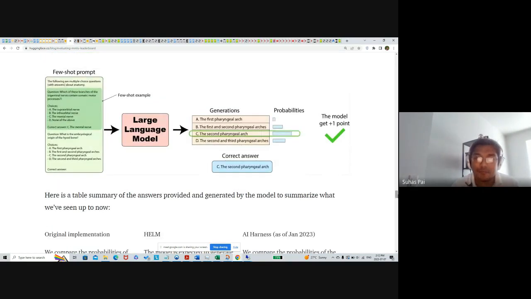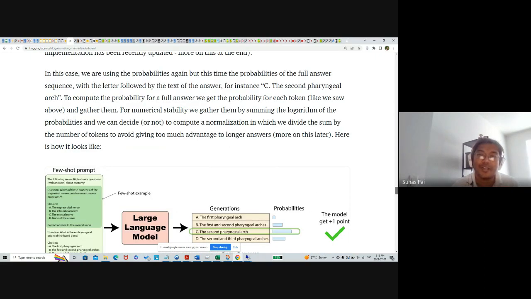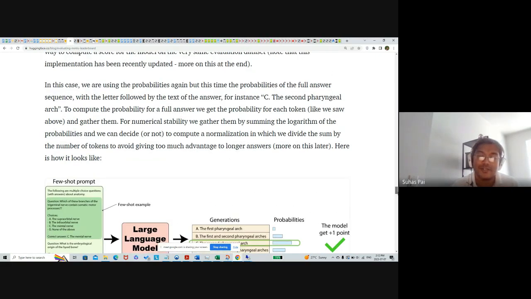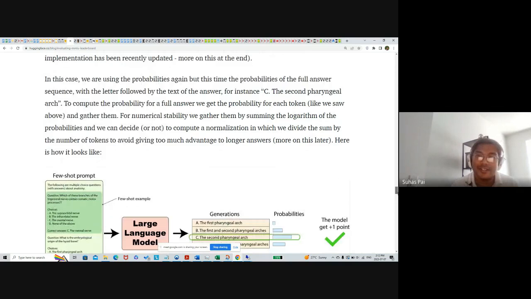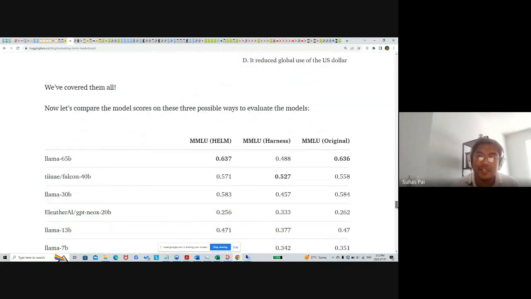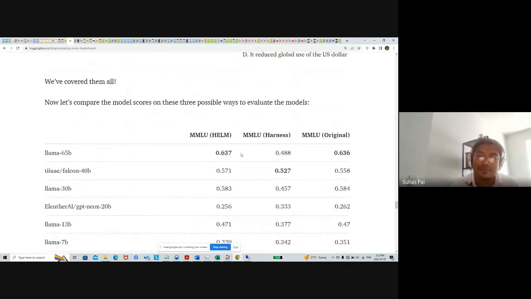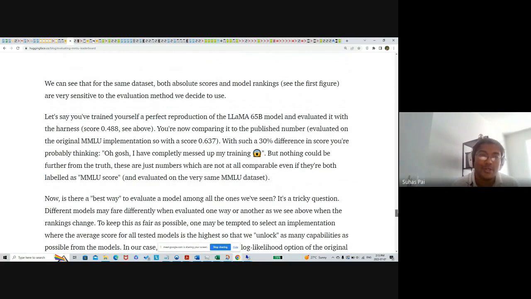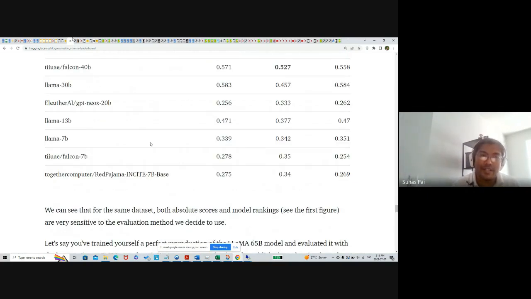And then there is one more way where you try to generate the sequence containing the answer and see how close it is to the full answer, and you get different numbers for different types of calculations here. So anyway, it's all pretty complex.